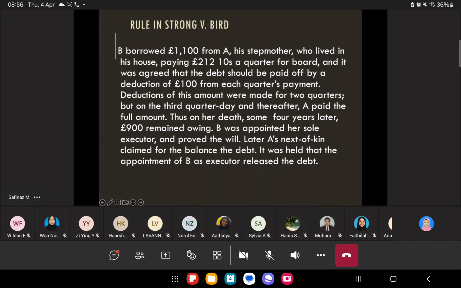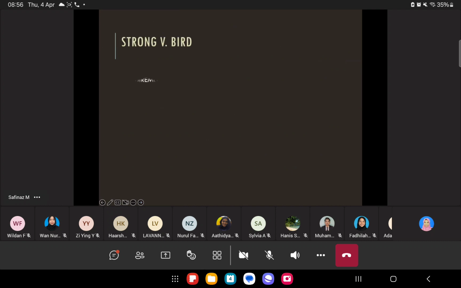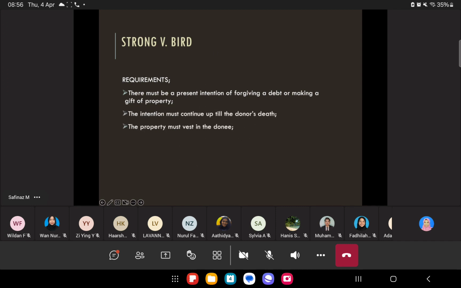Kat sini anak-anak dia tu ialah waris lah yang nak minta balik duit tu. Okay, so apakah syarat-syarat dia? Syarat dia, there must be a present intention of forgiving a debt and making a gift of property.